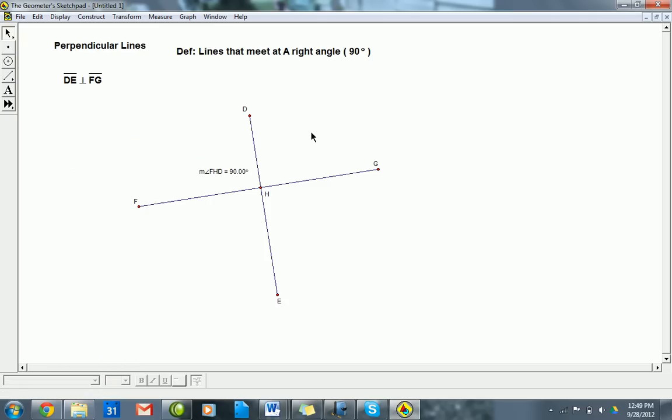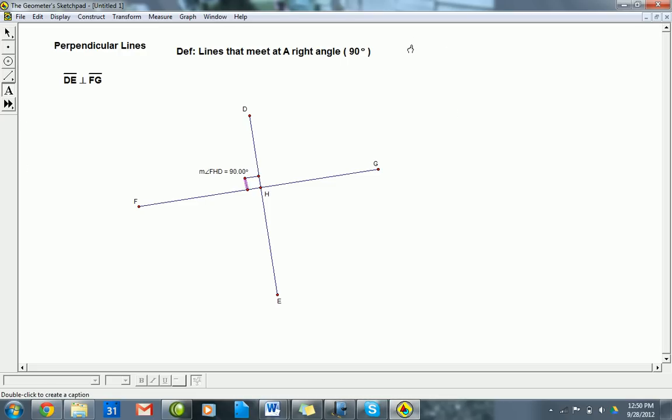Now, the way we note that on a diagram is we put a little box. And that tells you that we know for sure that those particular lines are perpendicular, and therefore, by definition, we have a right angle. Now, from the definition, we get lots of things.